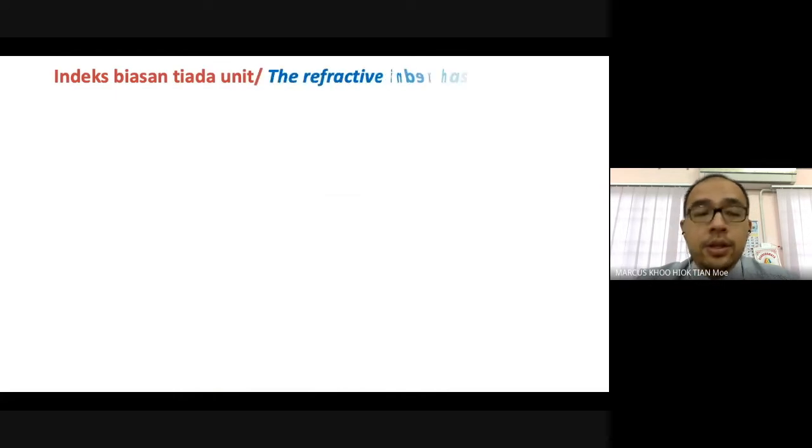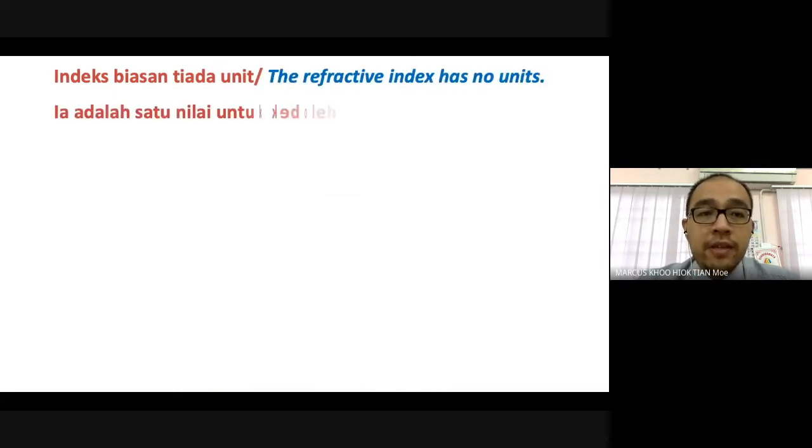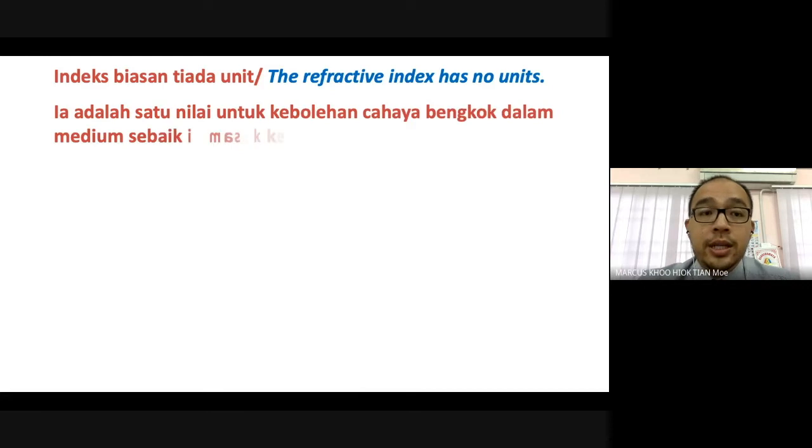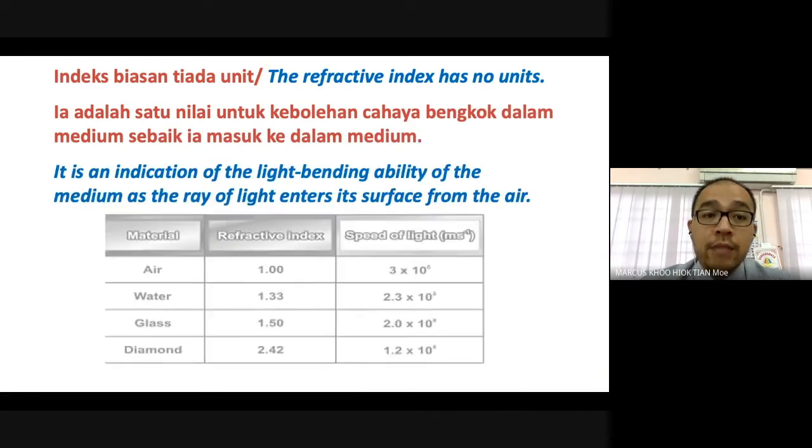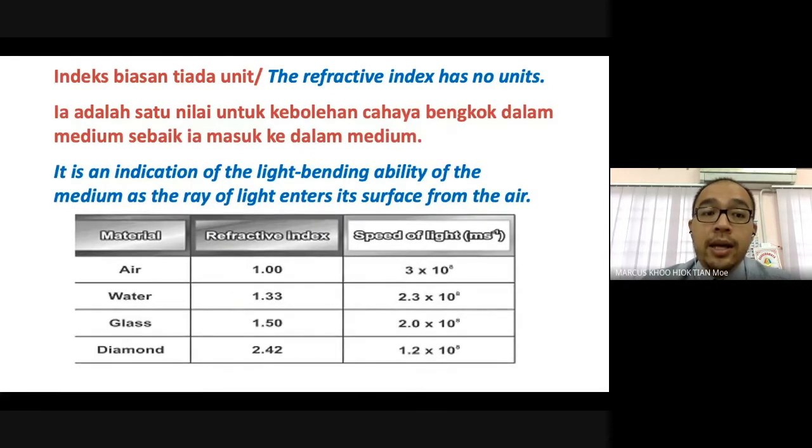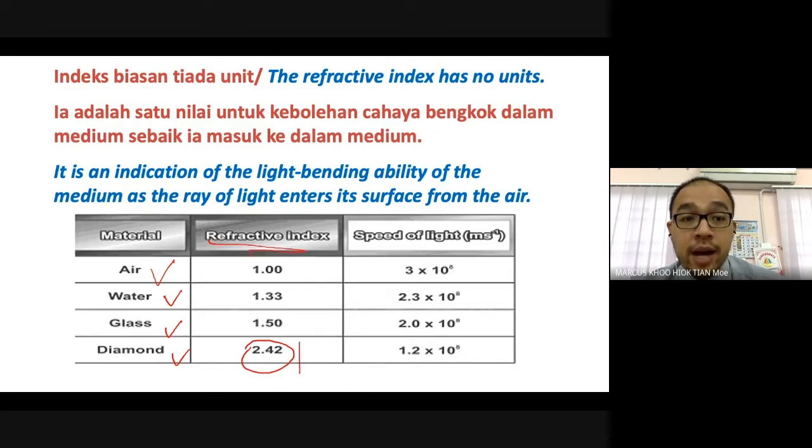All right. The second way: the refractive index has no unit. It is just an indication of light bending ability as the ray of light enters from the air. So for example, as I said just now, air, water, glass, and diamond. Look at the refractive index. In diamond, the refractive index is very high.